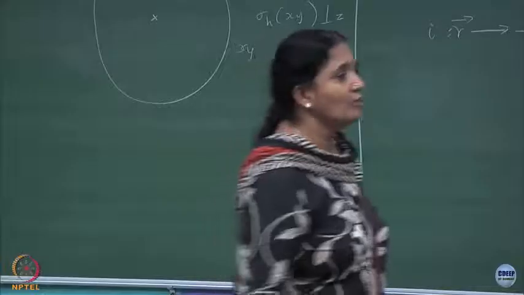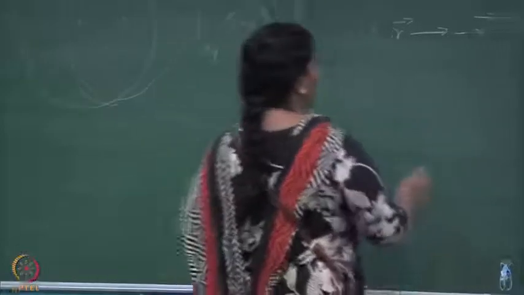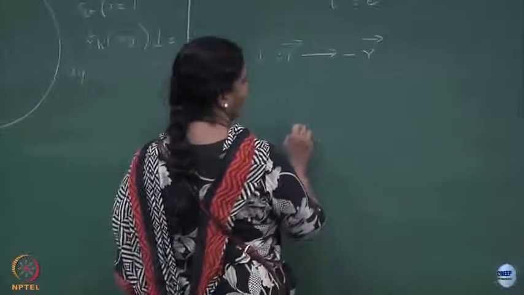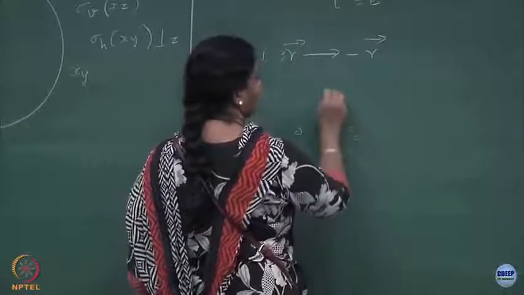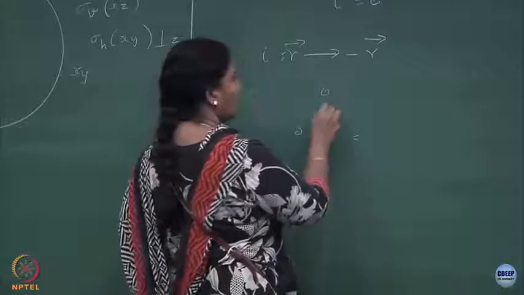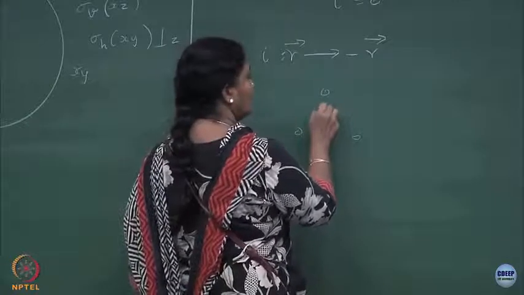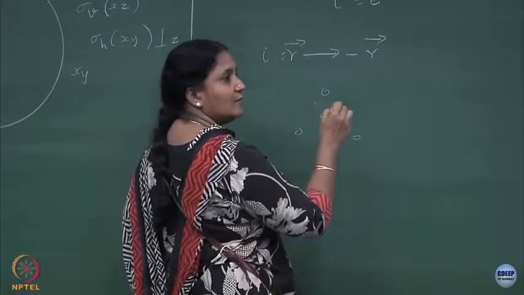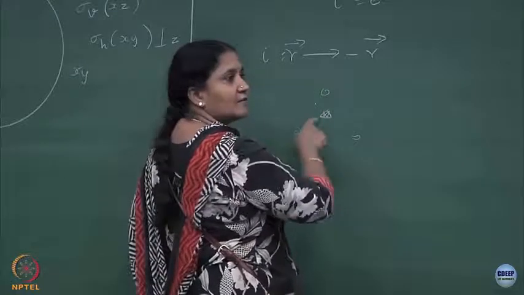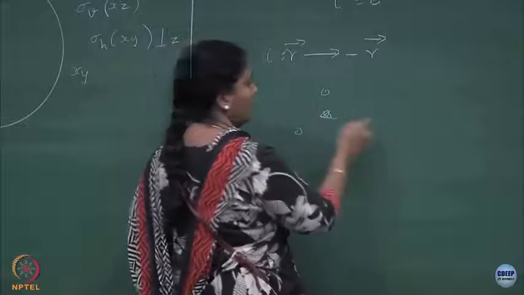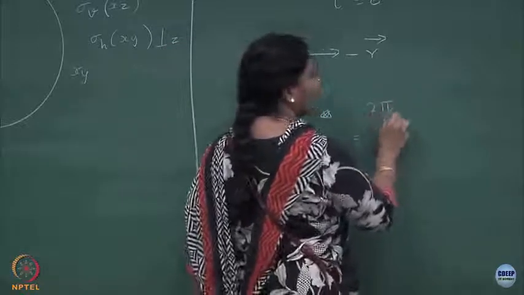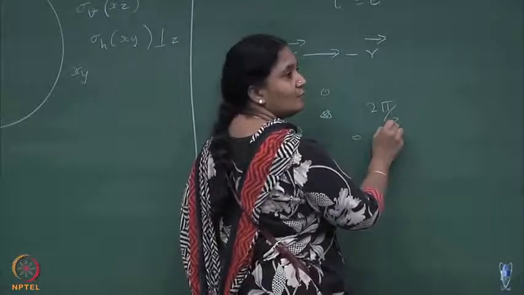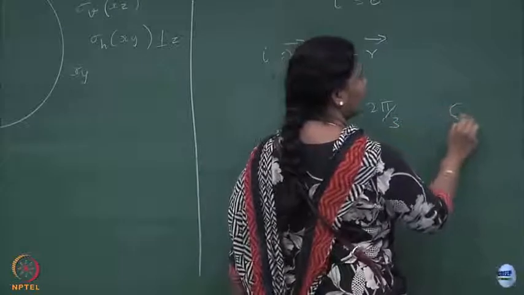Take the ammonia molecule. What is the ammonia molecule? You have the 3 hydrogens, and you can take the nitrogen through which you can put a triangular 3-fold axis and rotate it, right. Rotate it by 2 pi by 3. So, this has a C3 symmetry.